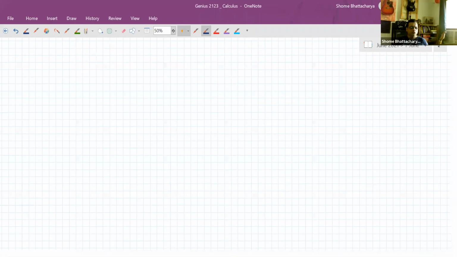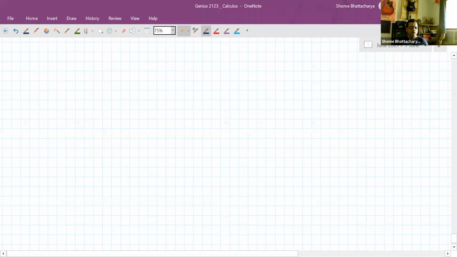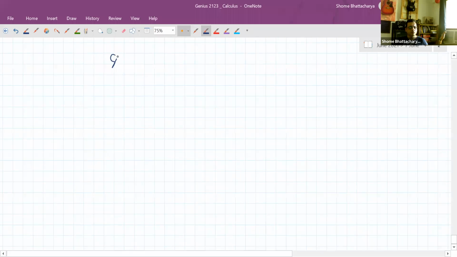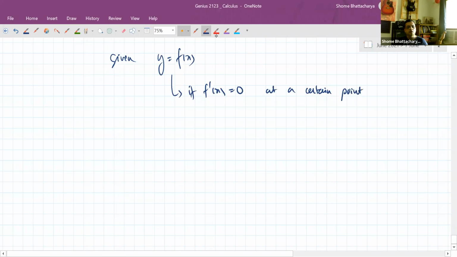Okay, now let's come back to this. So what we have understood so far, let's summarize: given a function, if f prime x is equal to 0 at a certain point, then we can conclude that it is a turning point.